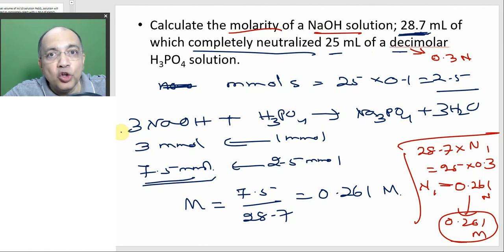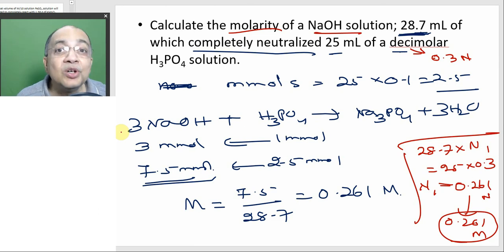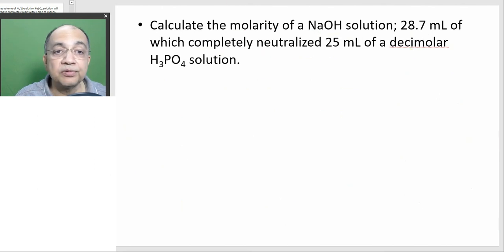Finally, if volume is asked, then the volume is the same whether you carry out the normality method or the molarity method. But if you are asked molarity, then normality will be converted back to molarity at the last step by dividing with the n factor of that particular substance. Now this is all secret. Let us rub it off.